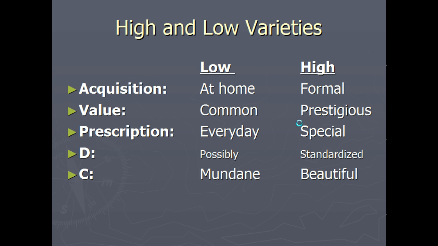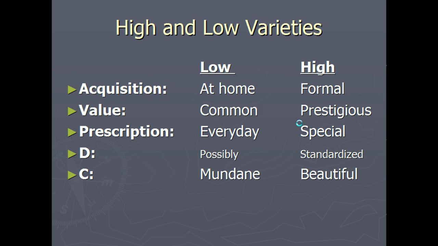The development of the language, meaning what is their status in terms of standardization. So with the low variety, it's possibly standardized, and the high variety is usually always standardized. And then the final C, characterization: what is felt about the varieties? So how do people feel about these two varieties of speech?